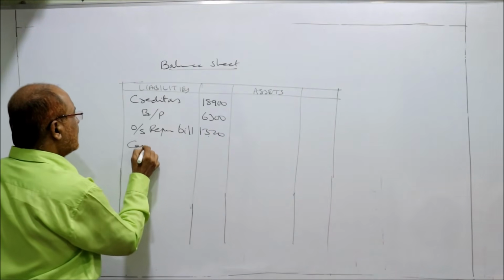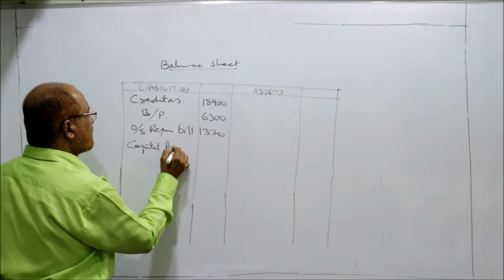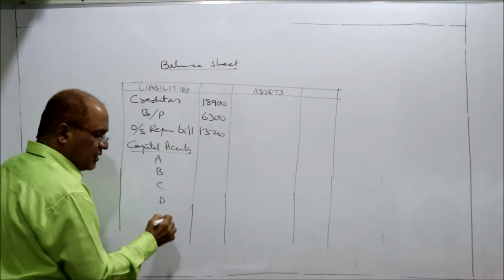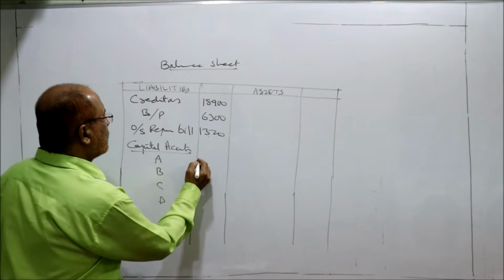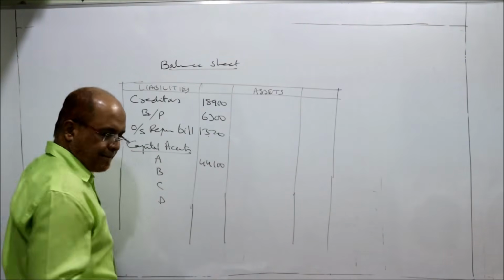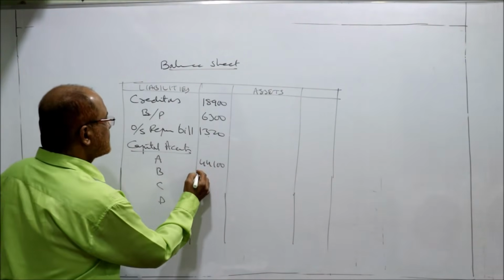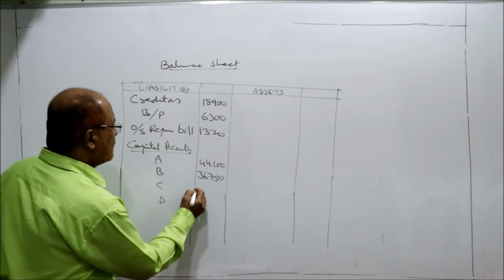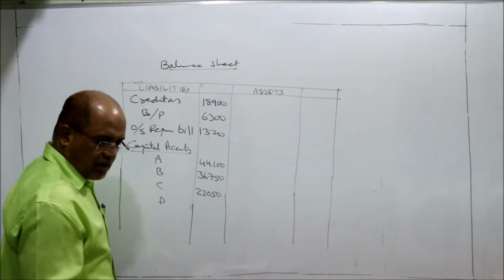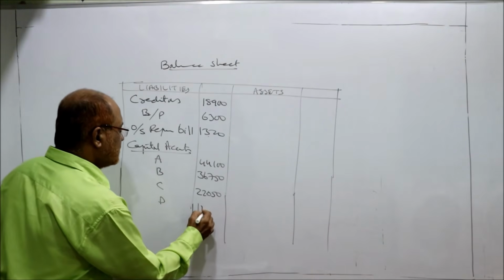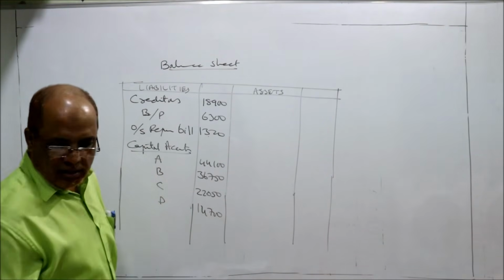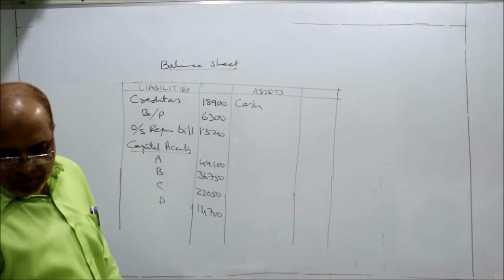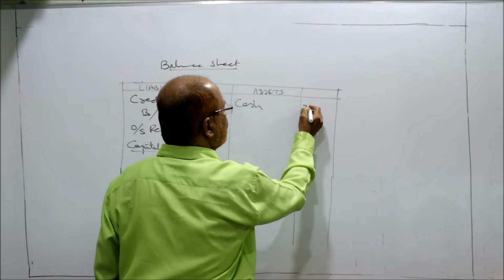Then we have capital accounts: A, B, C, D, new capitals: 44,100, 36,750, 22,050 and 14,700. Here it is cash. Just now the bank account we have prepared, 24,920.